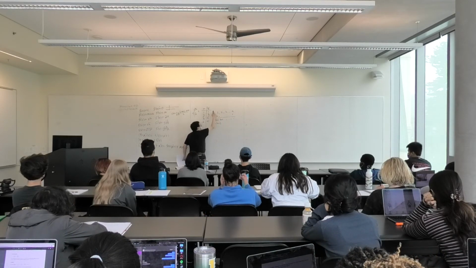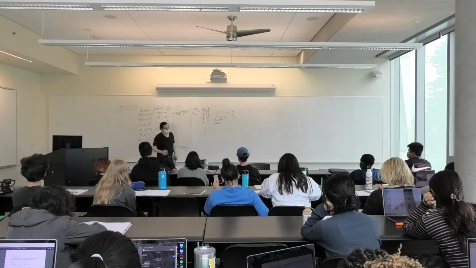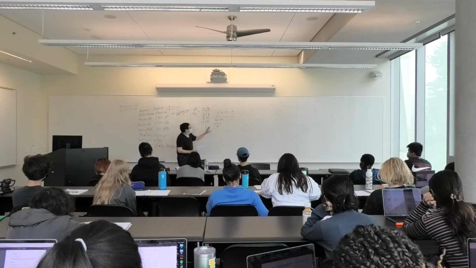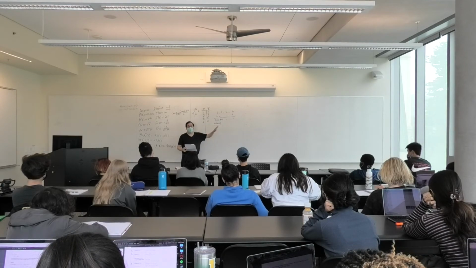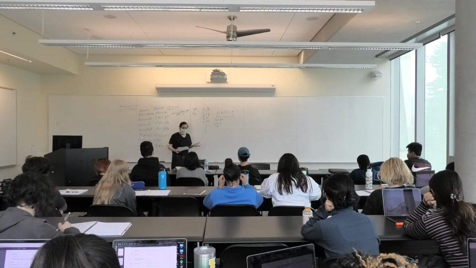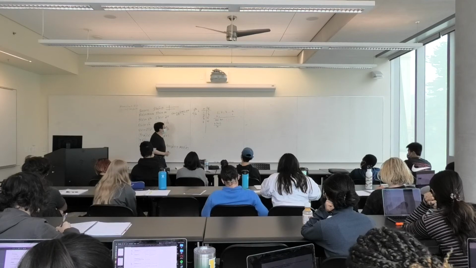Oh, but I have it twice, so it's that over 2. Okay, so I have my formula now. But I want to prove that this is the formula for all n. I want a mathematical proof. So the way we go about this is called a proof by induction.